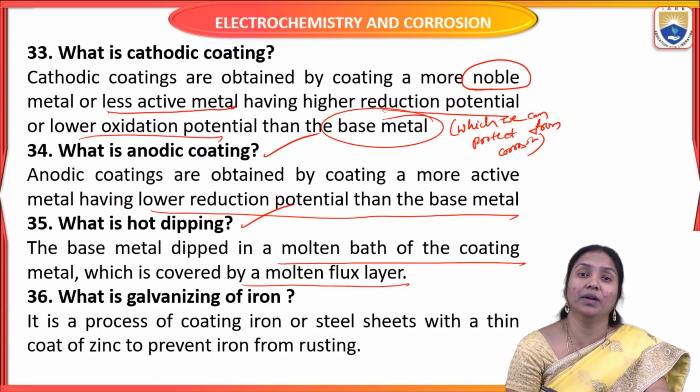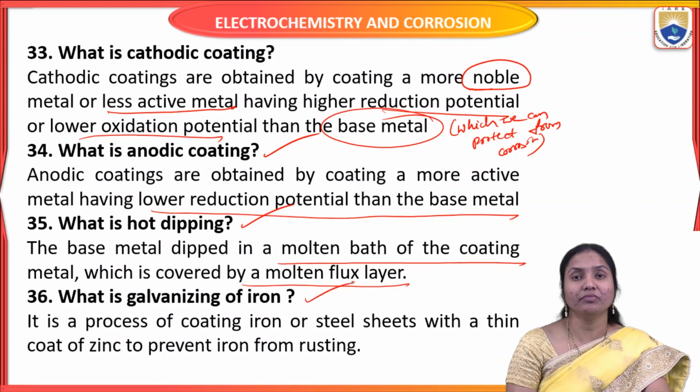In this case we apply metals with lower melting point than the base metal. The coating bath is covered with ammonium chloride flux. So we dip the base metal in that molten bath of the coating metal. This process is called hot dipping.